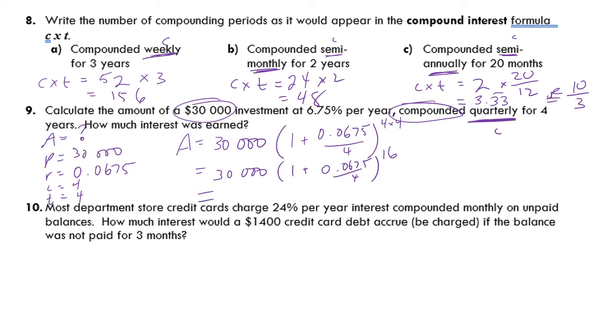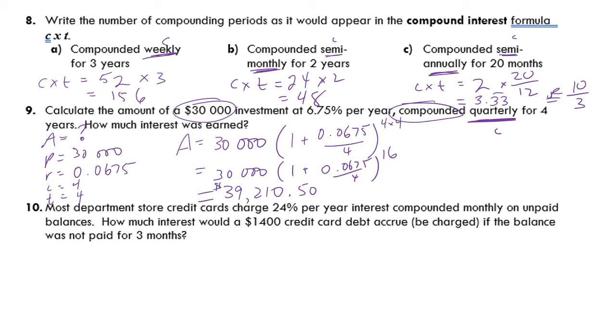Enter that in your calculator just like you see it, 30,000, open bracket, 1 plus 0.0675 divided by 4, close bracket to the exponent 16. Now, as a quick built-in self-check, you should get a number that's bigger than 30,000. I get $39,210, and when we round, 50 cents. So hopefully that's correct, and if everyone agrees, give yourself a pat on the back.